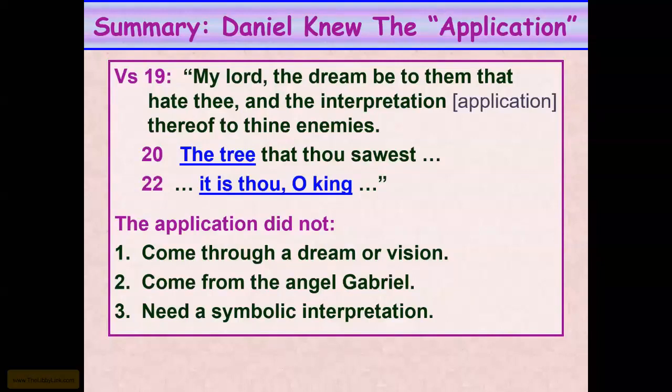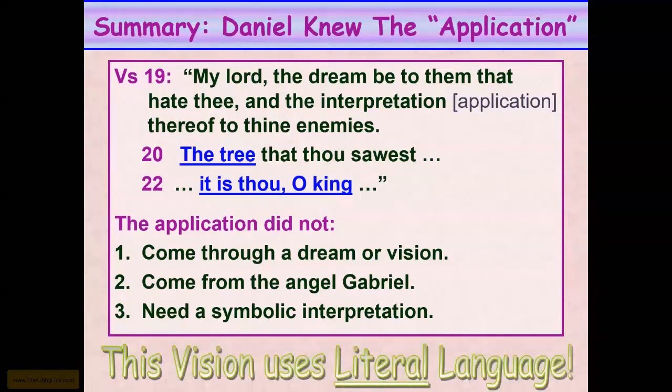He simply applied the outcome of these prophecies to King Nebuchadnezzar. No interpreter was needed for this particular dream with the tree. Why? Because this vision uses 100% literal language.